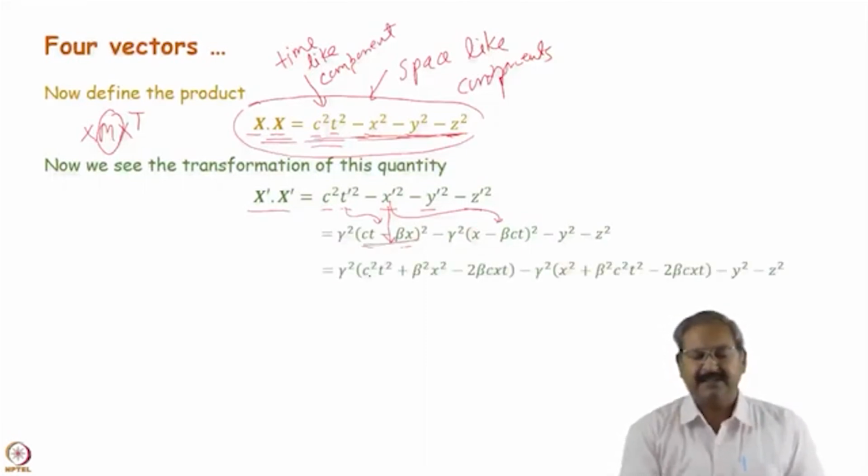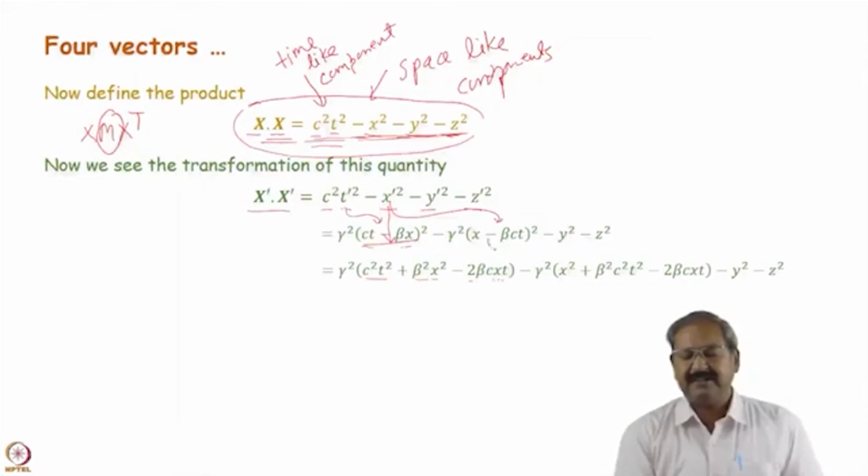When we open this, we get c square t square plus beta square x square minus 2 beta cxt, and here we will get x square plus beta square c square t square minus 2 beta cxt.